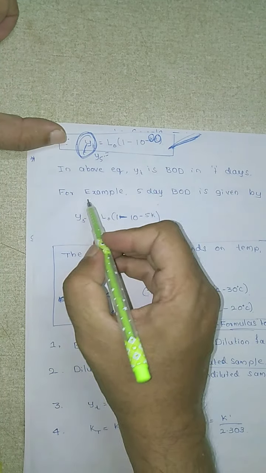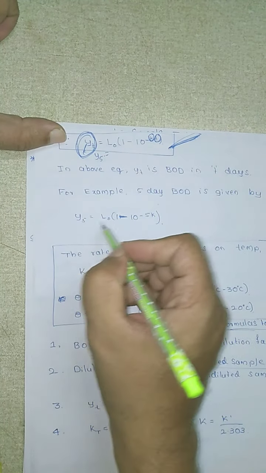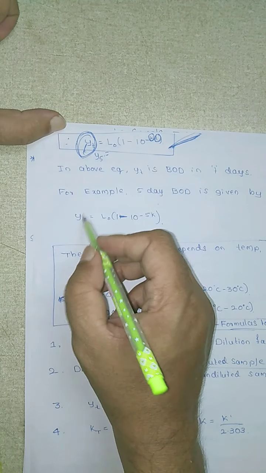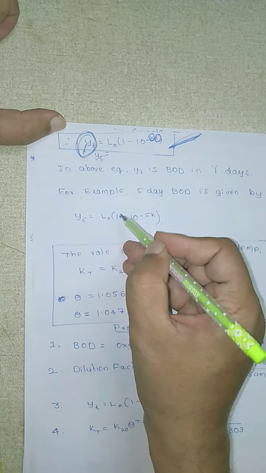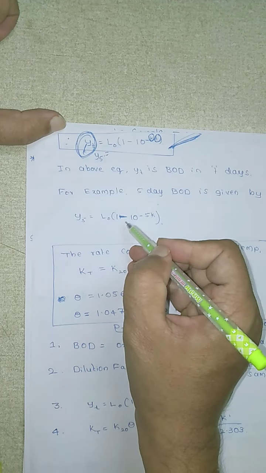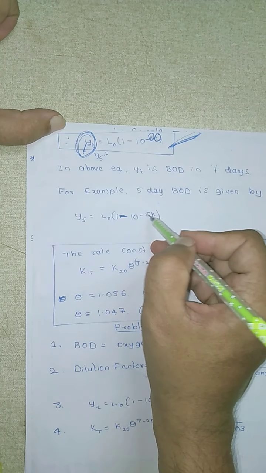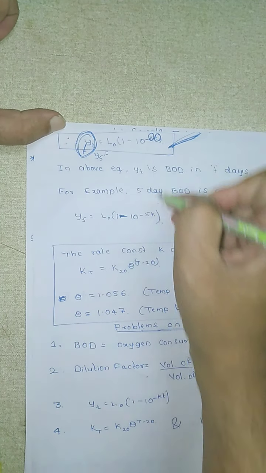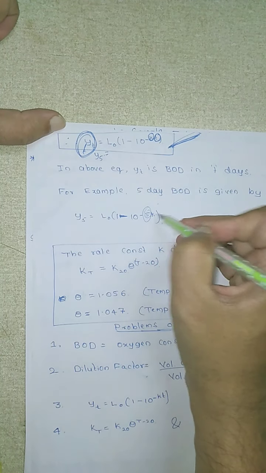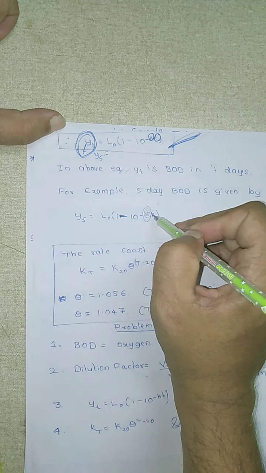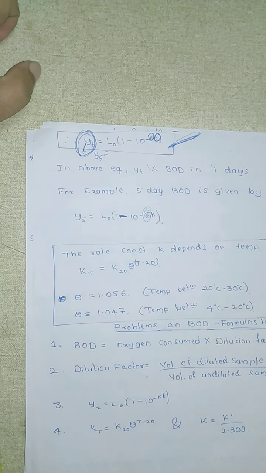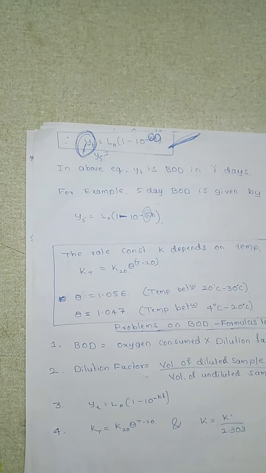So for example, the 5-day BOD is given by y5 is equal to L naught into 1 minus 10 to the power minus 5k. Why 5? Because t is the time in days, and here we have replaced t with 5.